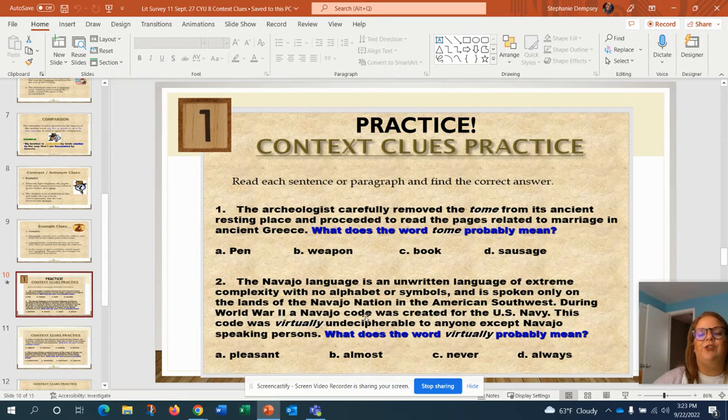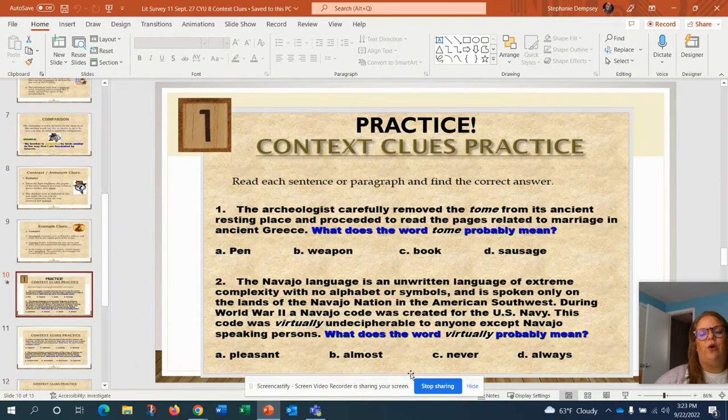The Navajo language is an unwritten language of extreme complexity with no alphabet or symbols and is spoken only on the lands of the Navajo Nation in the American Southwest. During World War II, a Navajo code was created for the U.S. Navy. This code was virtually undecipherable to anyone except Navajo speaking persons. What does the word virtually probably mean?